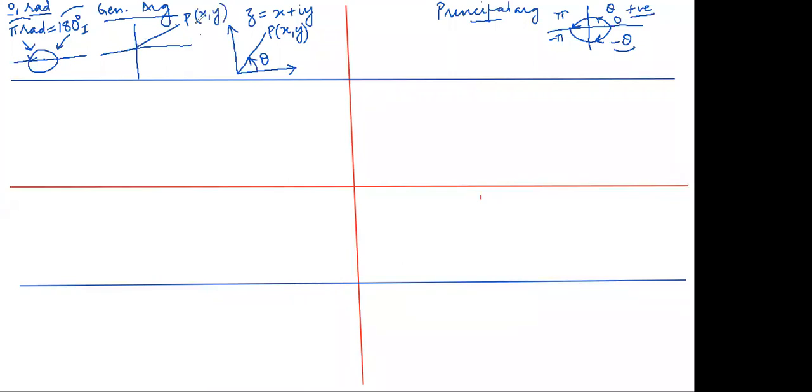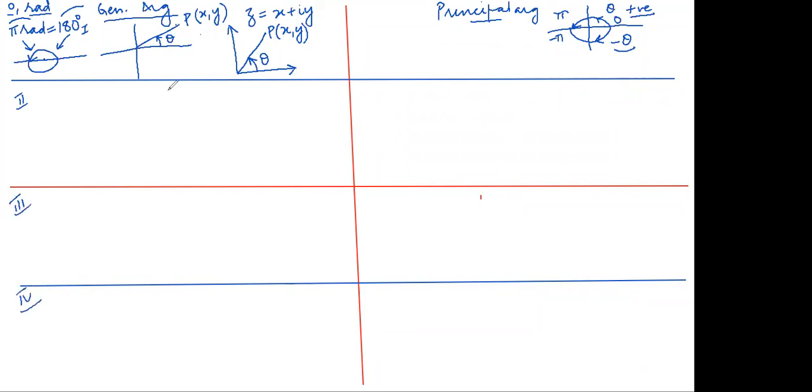This is my theta. There is no alpha in this case, but here I define alpha also in order to go from minus pi to pi. So this is very simple. This is first quadrant theta, and then the second, third and fourth quadrants.